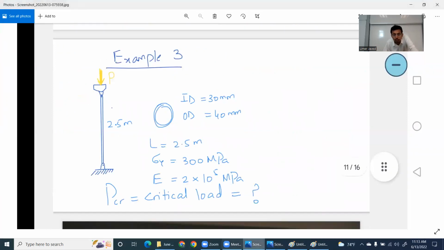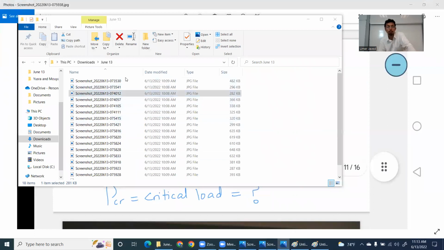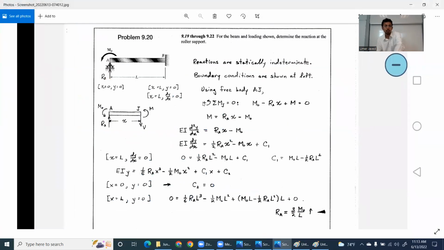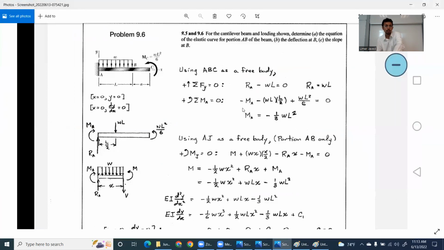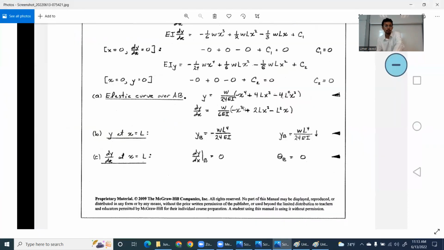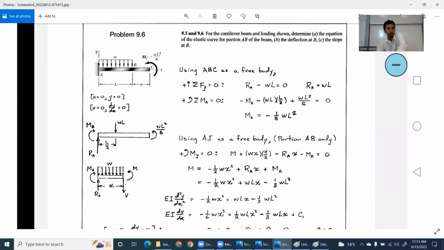Okay, I will go over one problem from revision because I have a couple of questions from one of the students who said that there is something confusing in the beam deflection. So should I solve one of the problems?